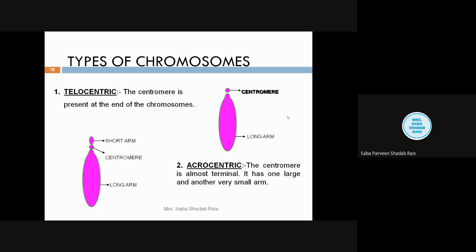Then the second type of centromere-based classification of chromosomes is the acrocentric. Acrocentric chromosomes are those in which the centromere is almost near one of the ends.